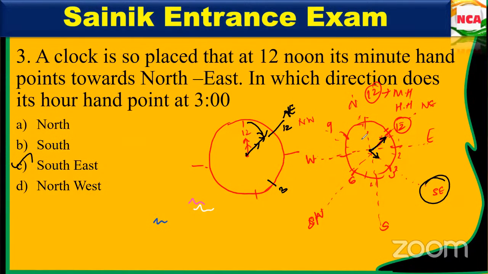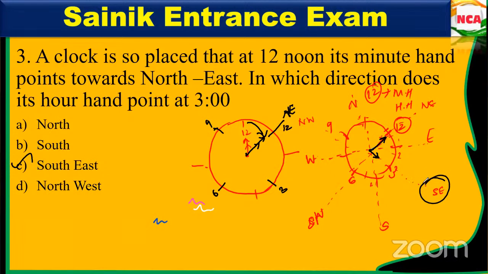What they are asking is, in which direction does its hour hand point at 3 o'clock? So we are drawing 3 o'clock. The hour hand will be at 3 and the minute hand will be towards 12. Now see the direction where 3 is pointing, where the hour hand is. They're asking about the hour hand.